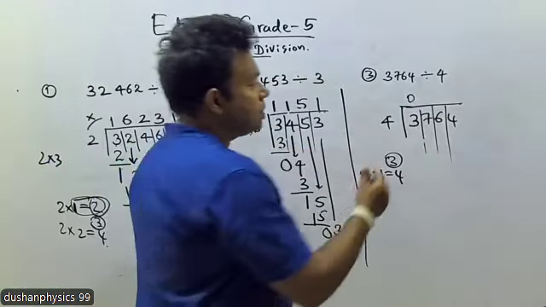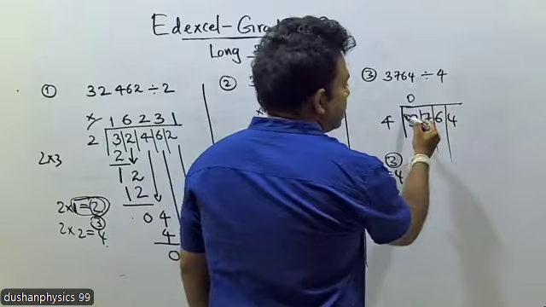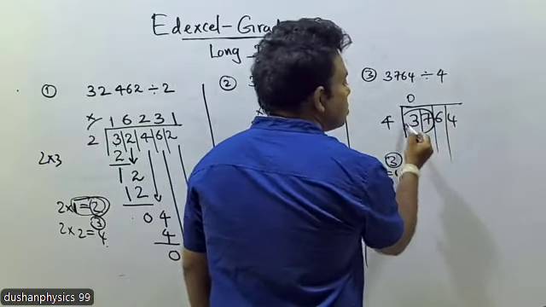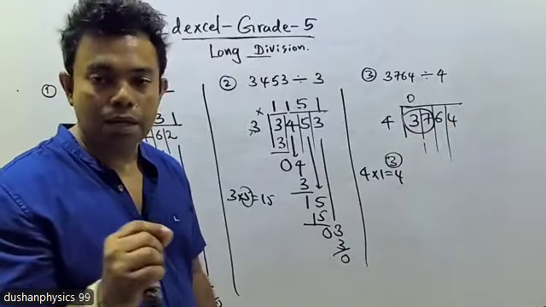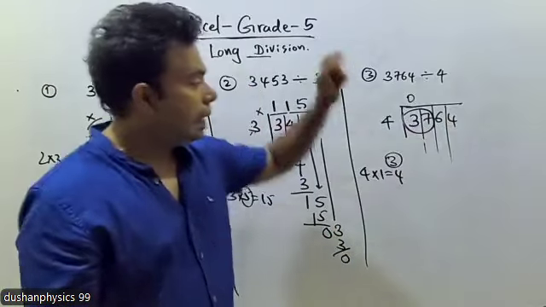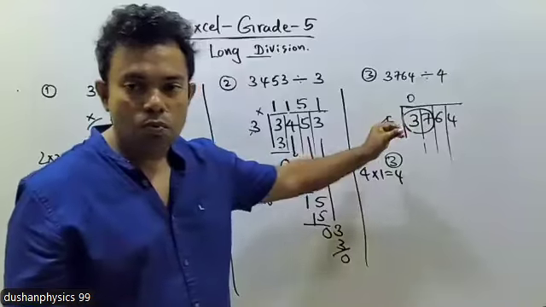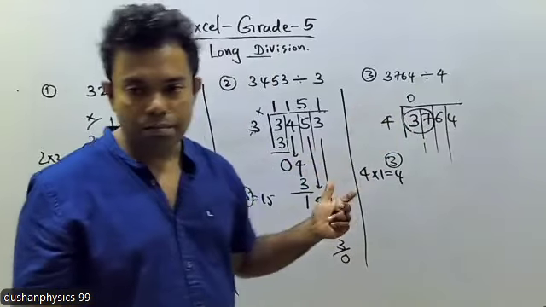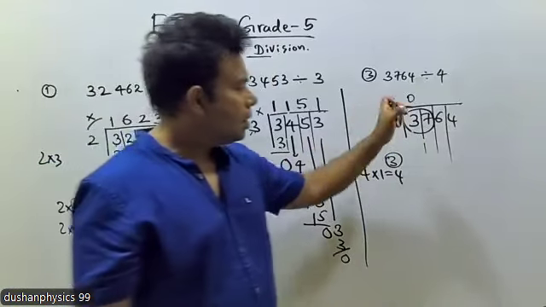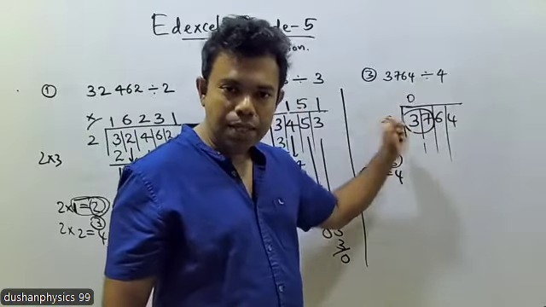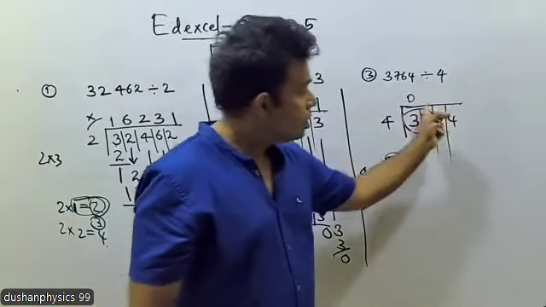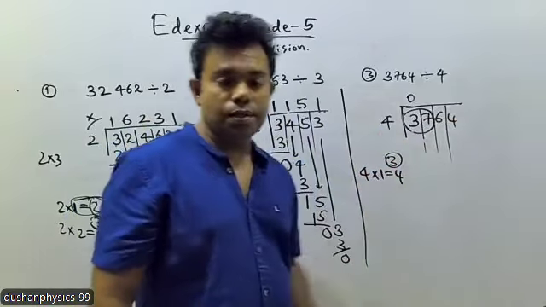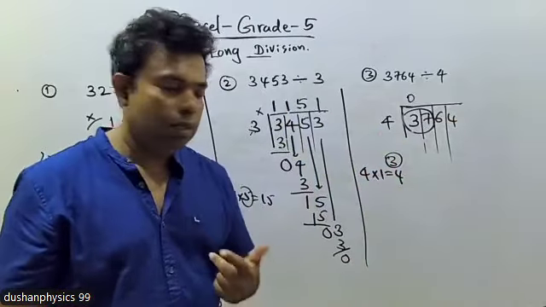Therefore, what you have to do is think of these two numbers together. That is a very important point. I'm telling you again: in case there is no multiplication for that particular number, if that number is lesser than the dividing number, take these two numbers together and check how many fours are there.